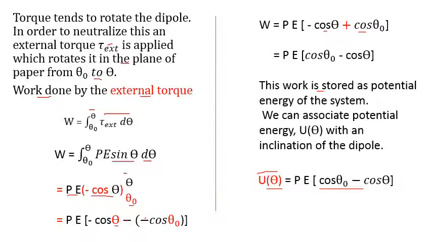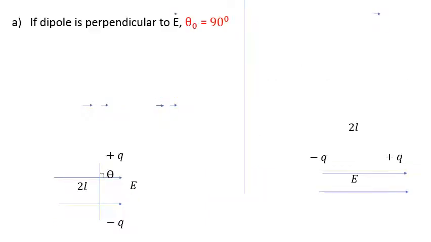external electric field. If the dipole is perpendicular to E, the direction of E, the electric intensity, and the direction of the axis of dipole are perpendicular to one another. So this is that figure. This is the direction of E. This is the axis of dipole, and the angle between these two is 90. That is, these two are perpendicular to one another. Now what does it indicate? This theta 0 is equal to 90.